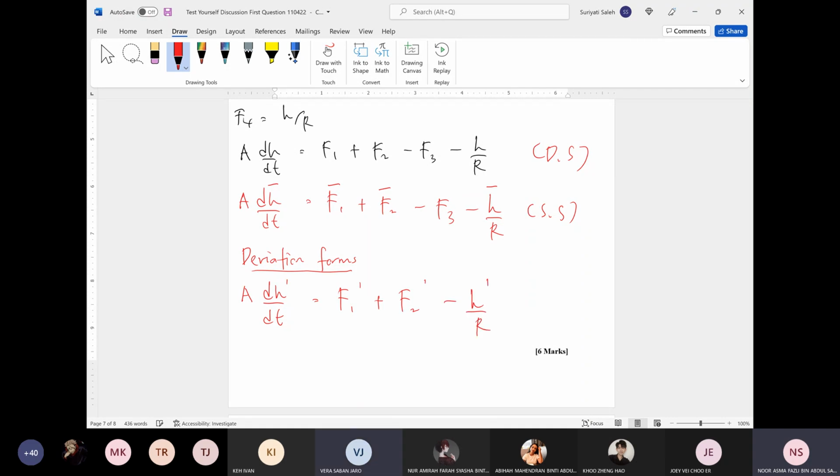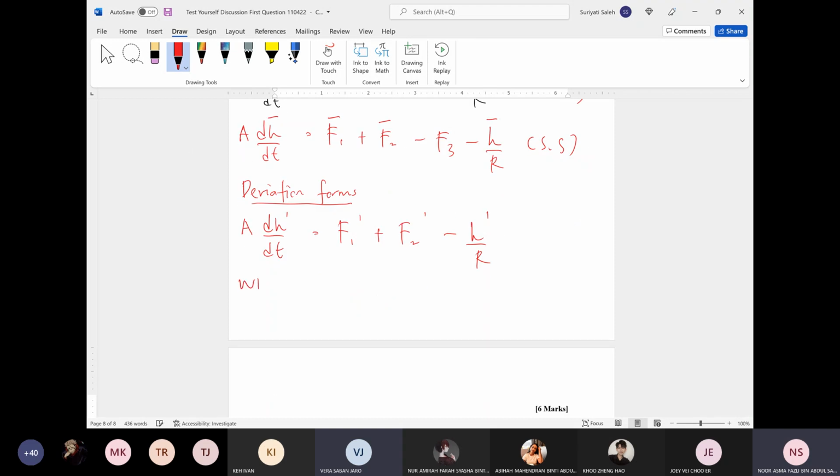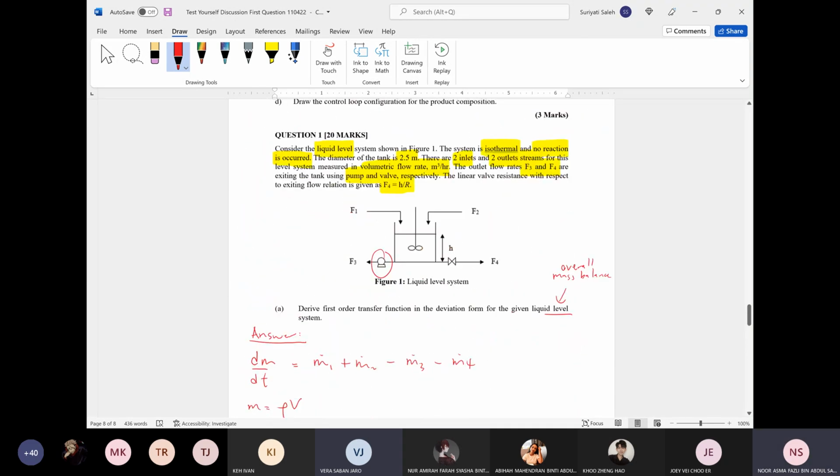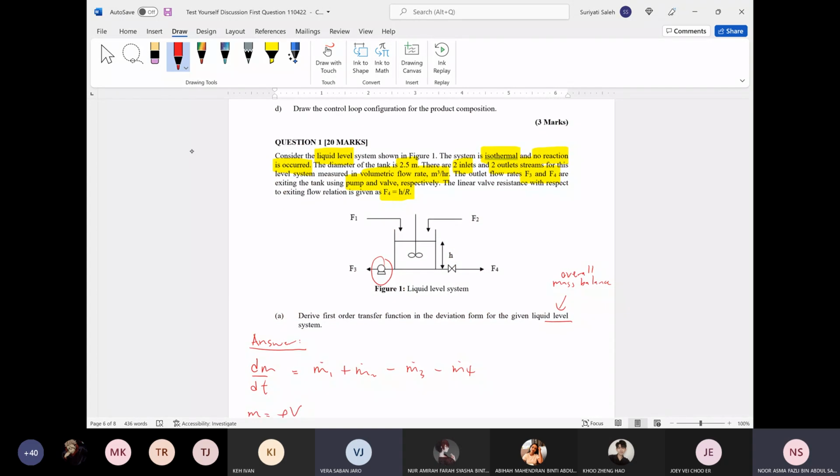So this is your derivation, where F1' equal to F1 minus F1 bar, F2' becomes F2 minus F2 bar, and lastly H' equal to H minus H bar. So this is the answer for question 2A, where the question asks you to derive the first order transfer function.